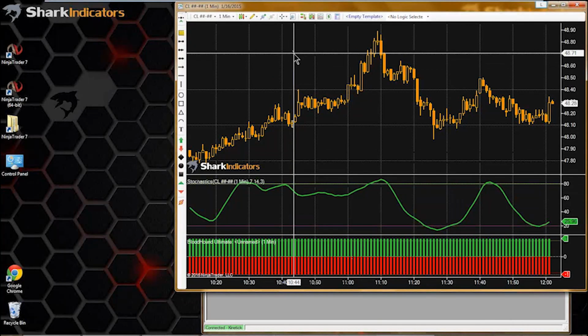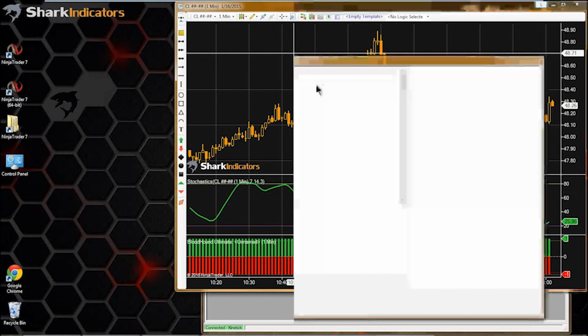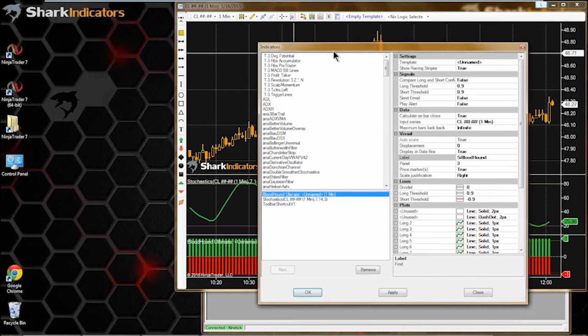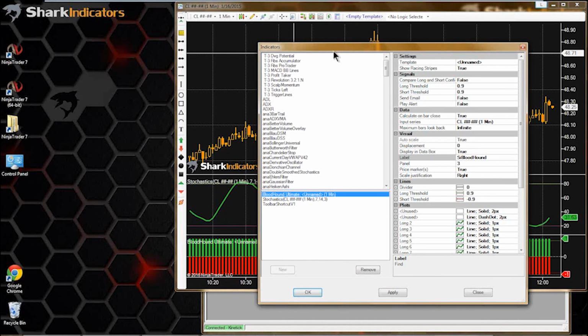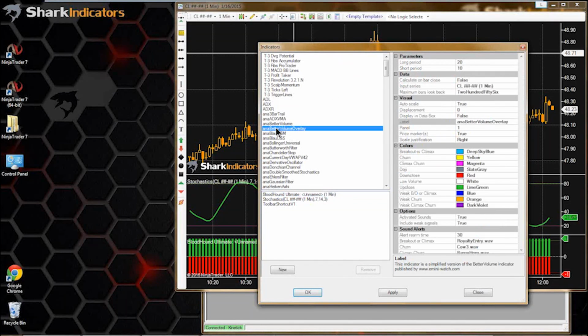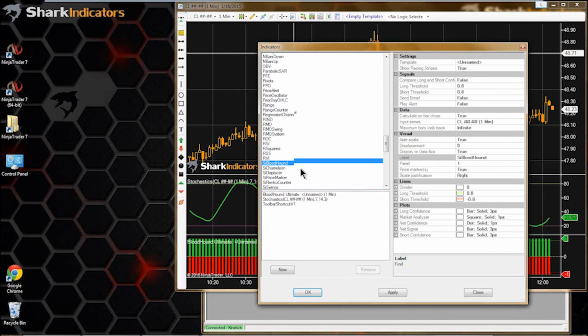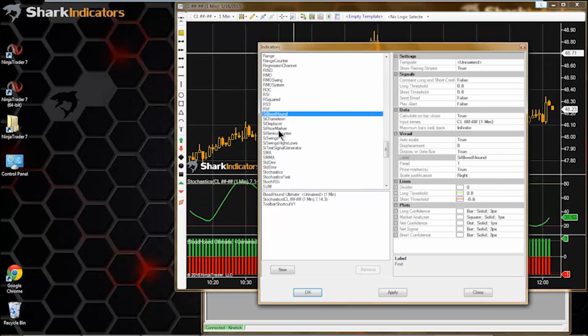The next thing I will need to add to my chart is, let's see, actually, Tom had said the SI swing, but I think what Tom wants is the swing high low.